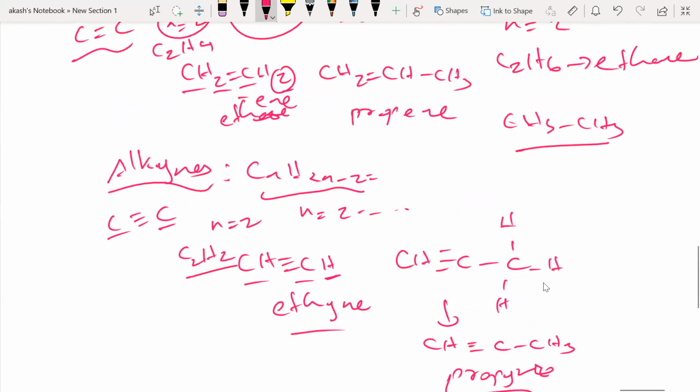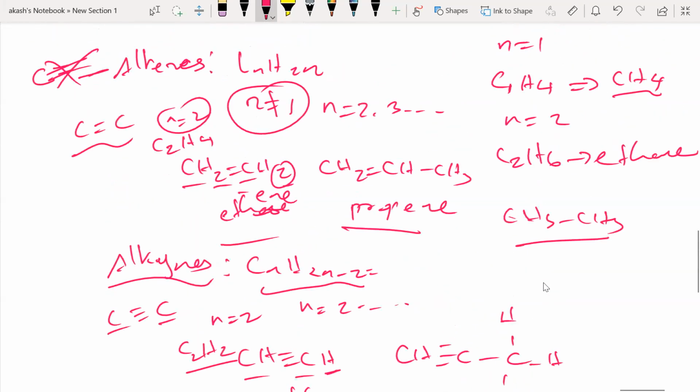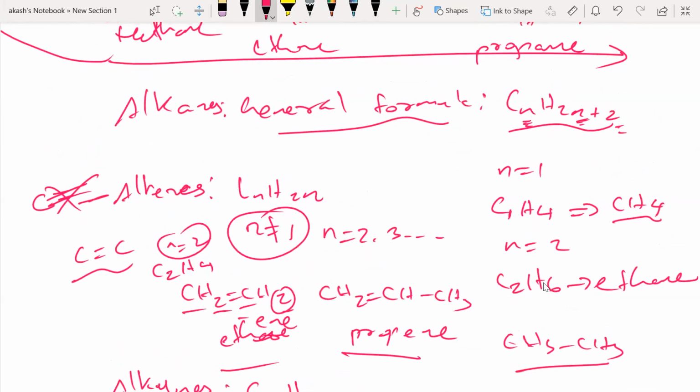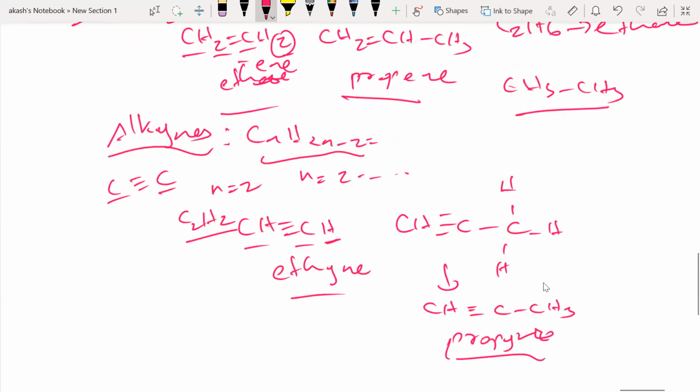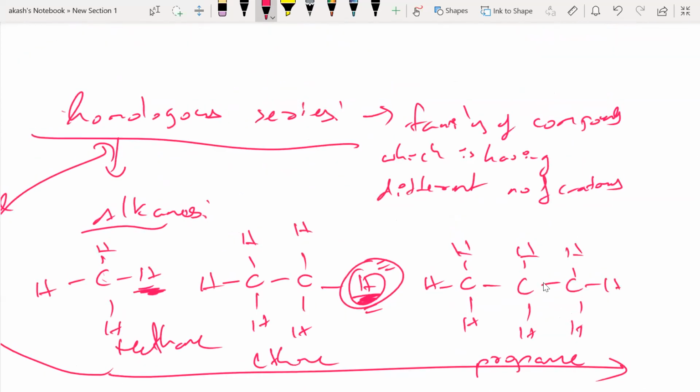Again, ethene, propene, butene are homologous series. Again, methane, ethane, propane, pentane, continuously going, those are called homologous series. The same compound is derived from another compound by replacing the hydrogen with a carbon. Very simple. The entire series you get is what is called a homologous series.